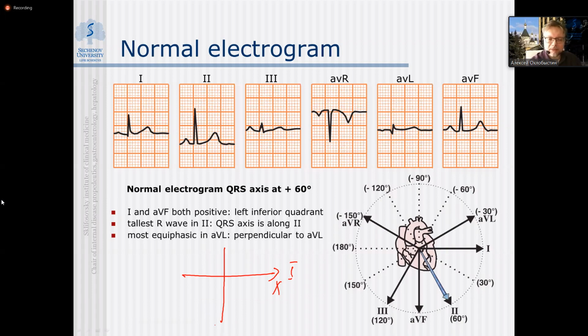Same as your classes in geometrics. If you get positive deflection in both first and AVF, it means that your patient's angle alpha is between 0 and 90 degrees.